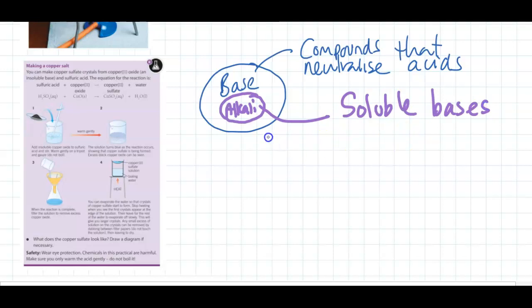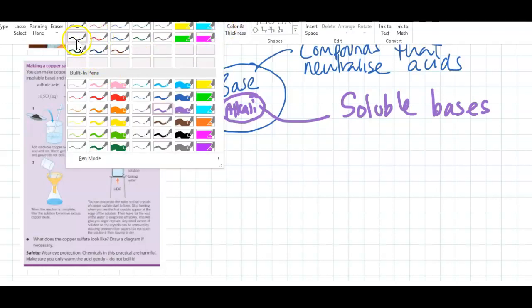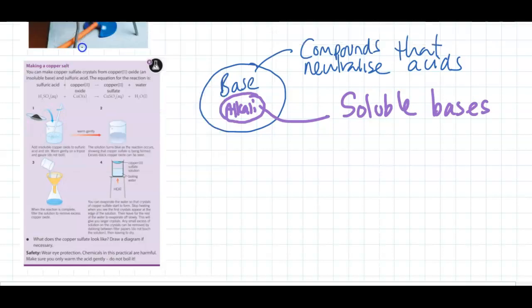All alkalis are bases, but not all bases are alkalis, because lots of bases are insoluble. It doesn't mean they don't neutralize the acids, it means they don't dissolve in water, so you can't call them an alkali. You can only give something a pH if it dissolves.